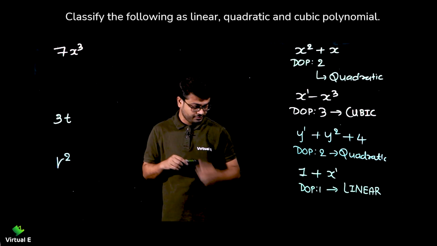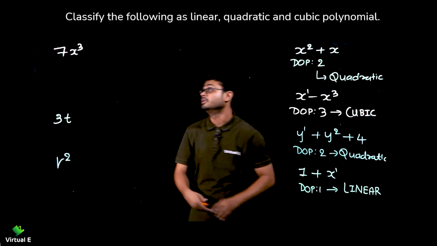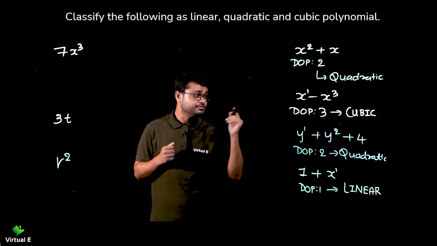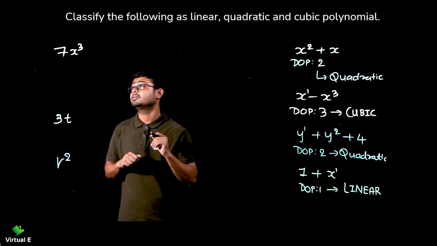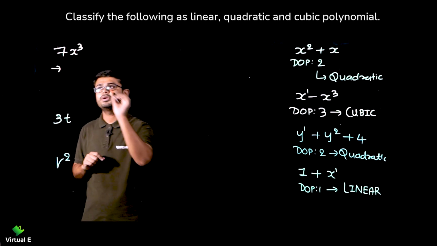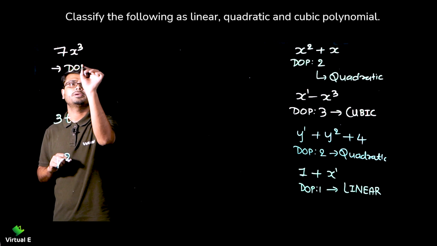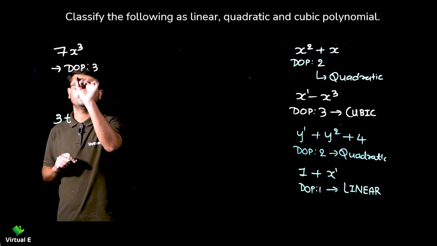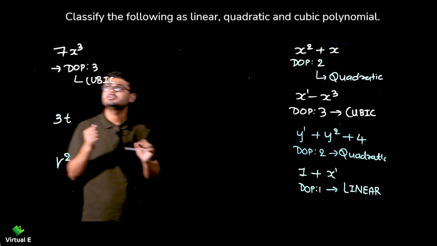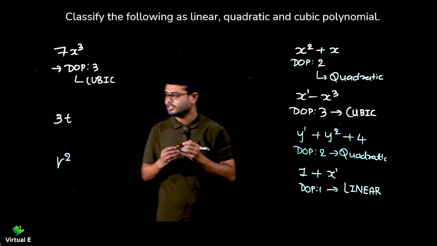Very simple to solve. Now let's solve the next one. Previously we had 2 terms, 3 terms at some point. Here only 1 term. Remember, we are classifying based on degree of polynomial. So the DOP here is 3. So it is cubic. Simple, right? 3 means cubic.